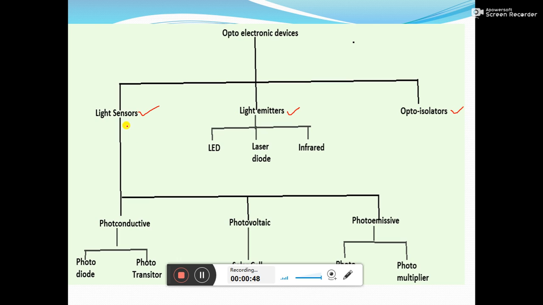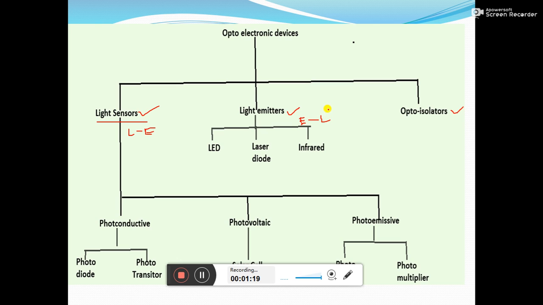The light sensors are the ones which convert light energy into its equivalent electrical energy, whereas light emitters convert electrical energy into light energy. They do the reverse operation of light sensors.